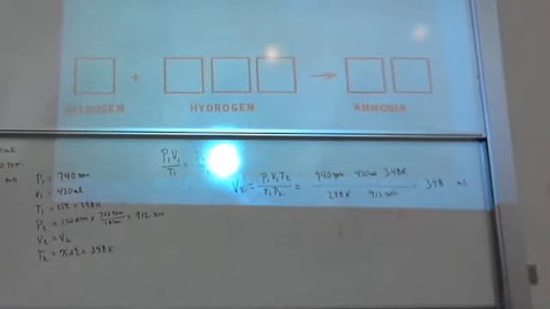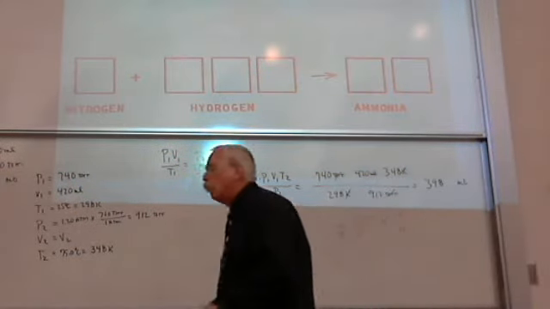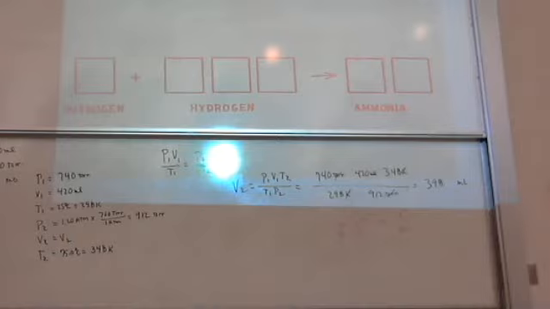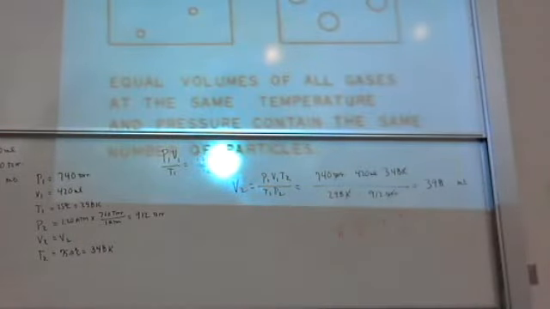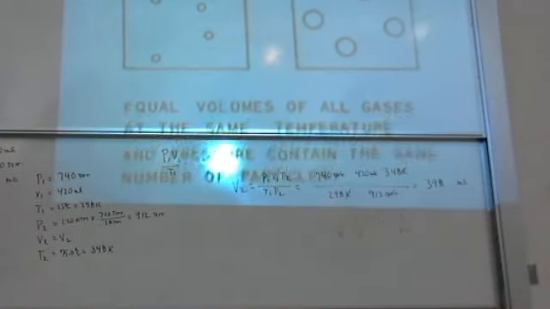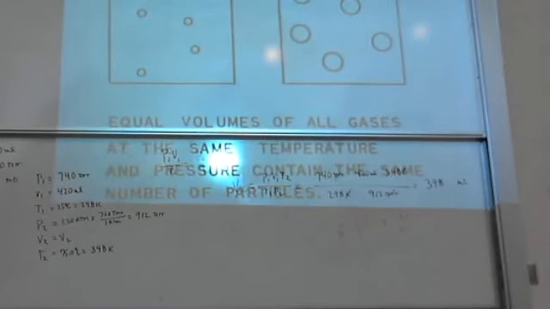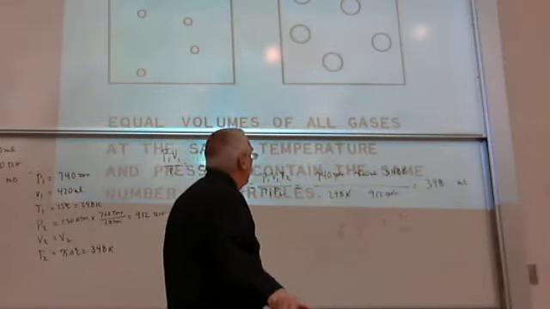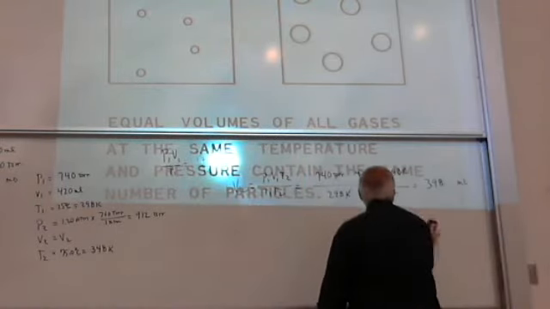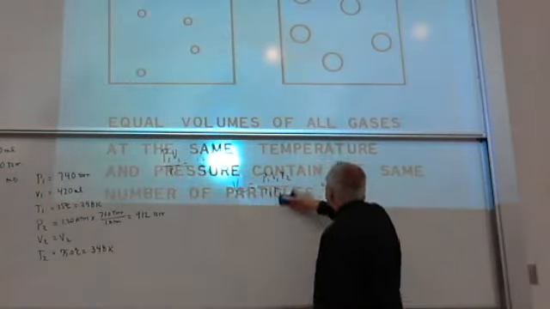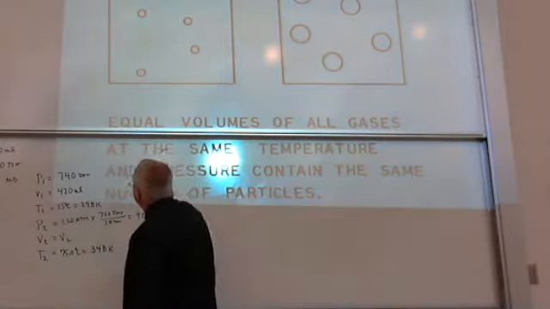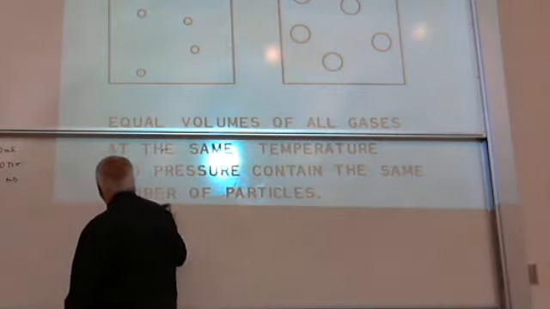But a young guy by the name of Avogadro came forward and said, look, I think that equal volumes of all gases at the same temperature and pressure contain the same number of particles, same number of molecules or atoms, depending upon what kind of substance we are talking about.